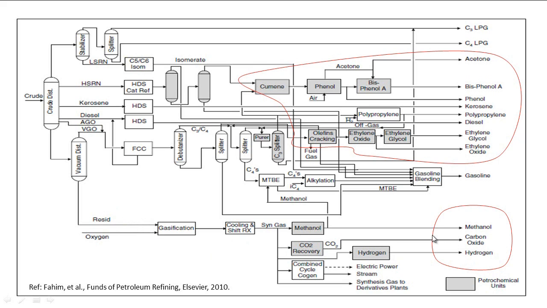Okay. And also we can produce cumene from benzene and C3 received from the process here. And then we will use that cumene to produce phenol, and bisphenol A consequently.